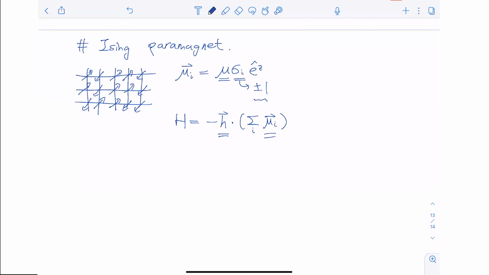Okay. So if I try to write it further, let's assume that this H vector is pointing along the z direction of the spins. Then we can simplify this Hamiltonian to be like this.